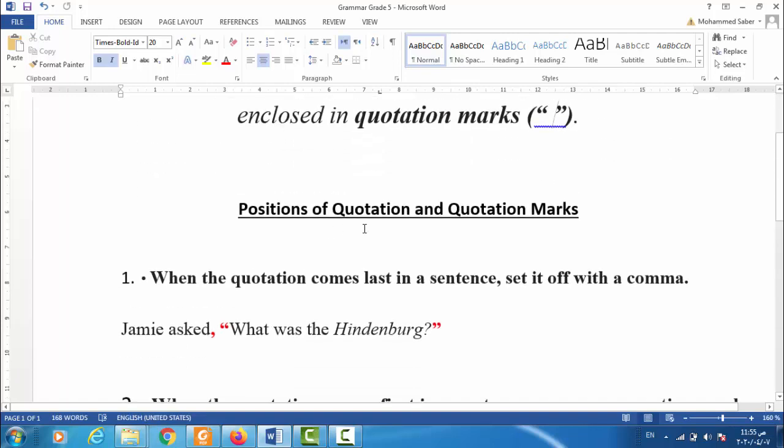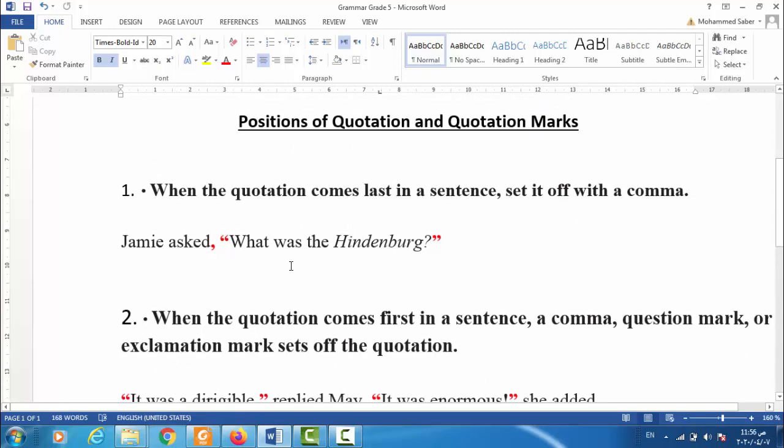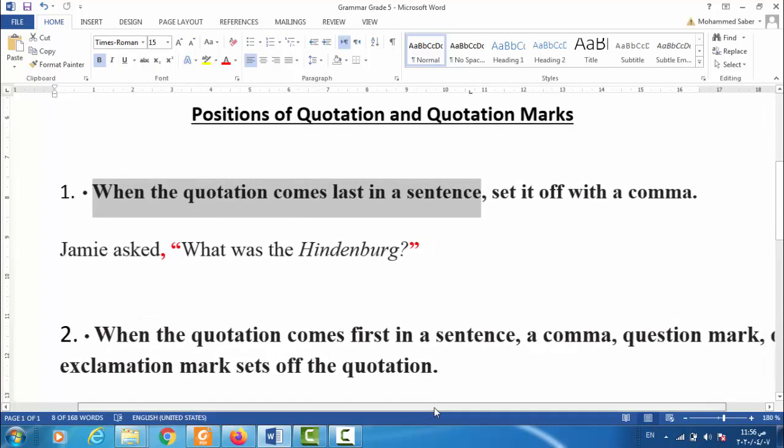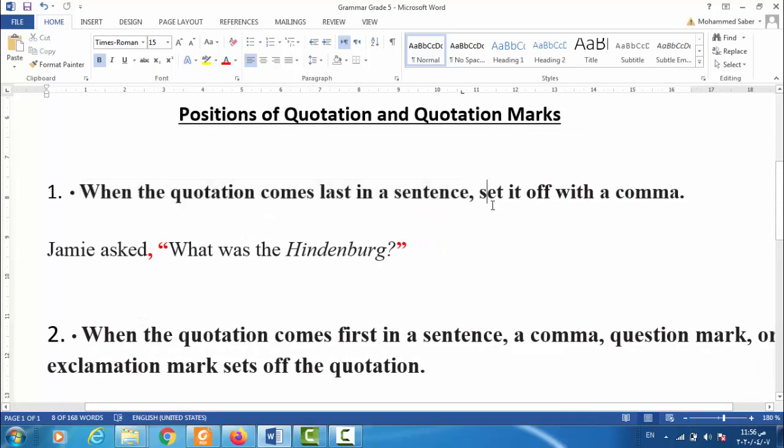We have four positions of quotation and quotation marks. Number one, when the quotation comes last in a sentence. When the quotation comes last in a sentence, set it off with a comma. Like how? When I say, for example, Jamie asked, "What was the Hindenburg?" I didn't ask this question, but Jamie asked this question.